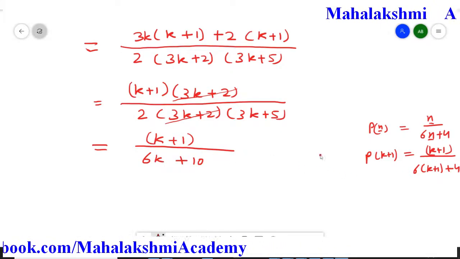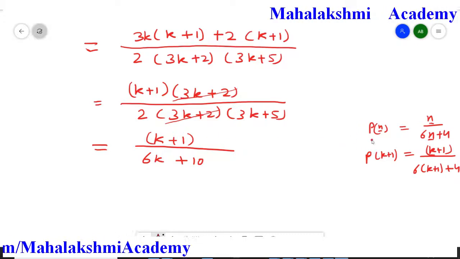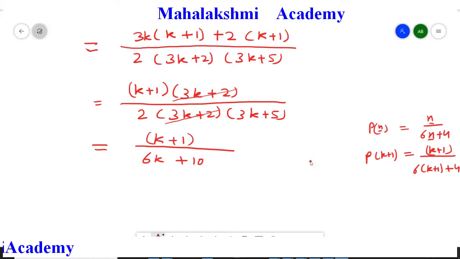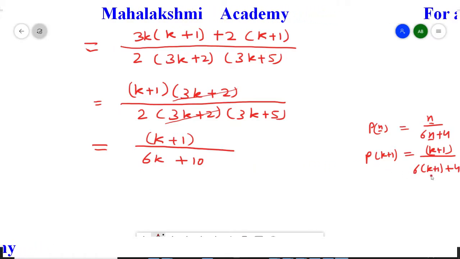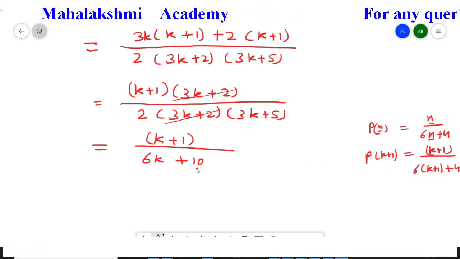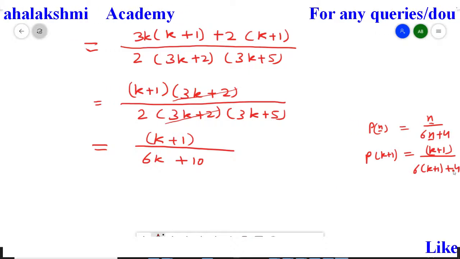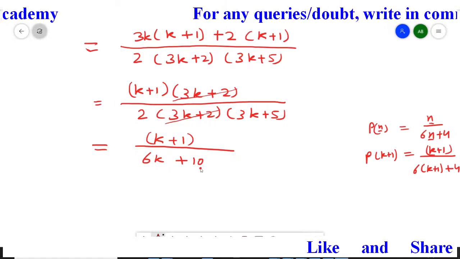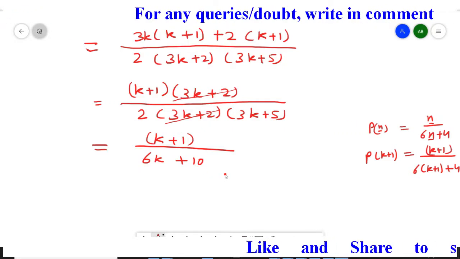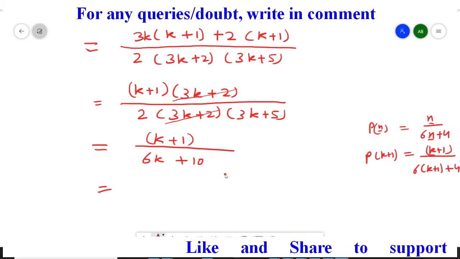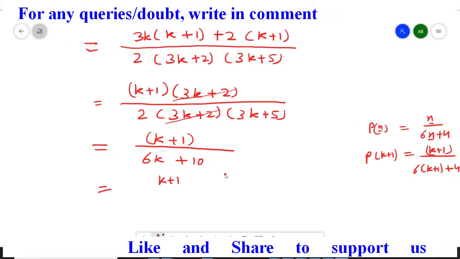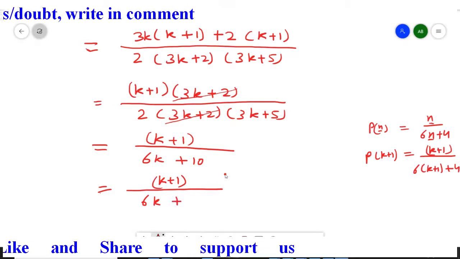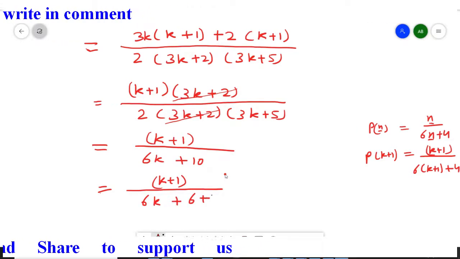So this we will convert in this format. Numerator, just check, is already matching as it is, so no need to do any changes in the numerator, but in the denominator it's not in the same format which we desired. So this 10 you just split as, because we have constant 4, so this 10 you just split as 6 plus 4. So the next step is going to be numerator k plus 1 as it is, and the denominator 6k as it is, and split this 10 as 6 plus 4.